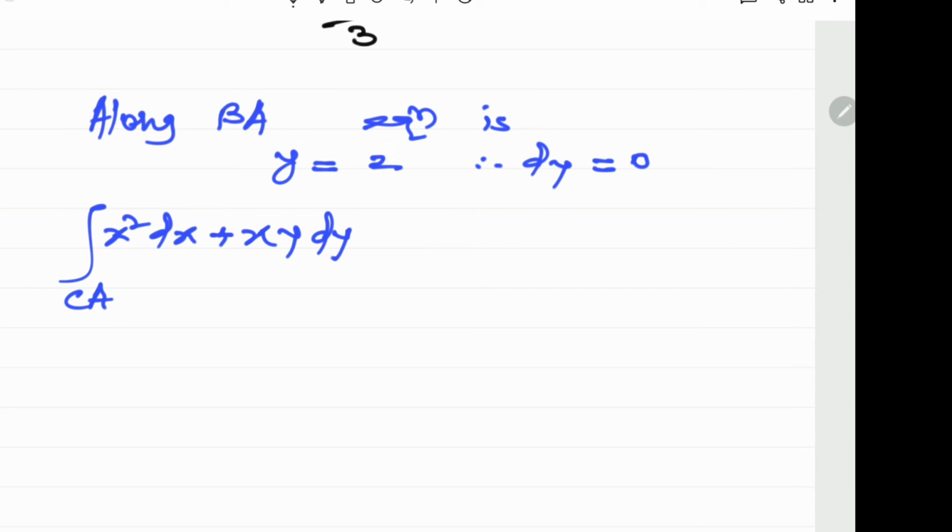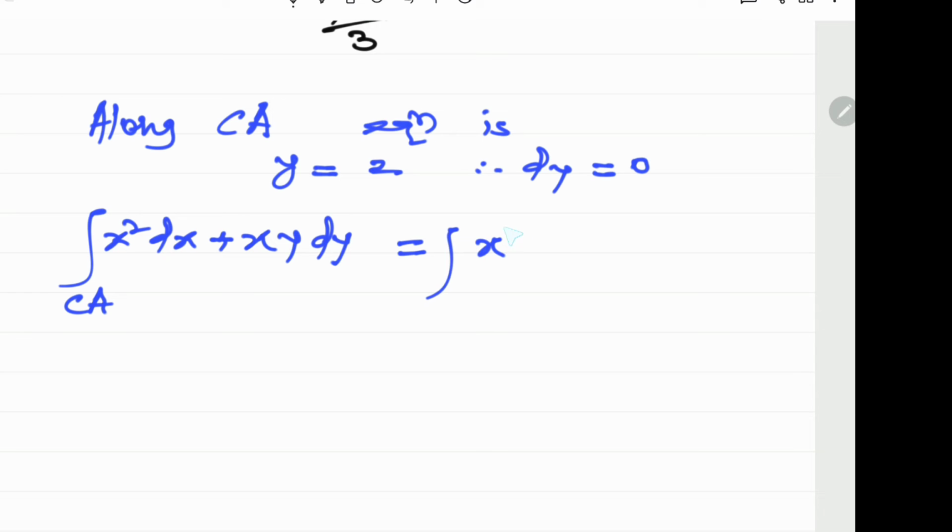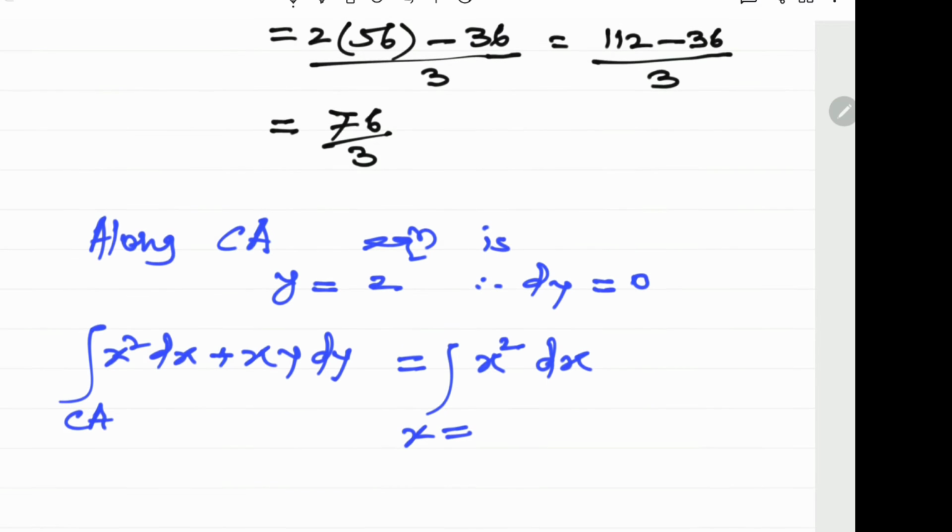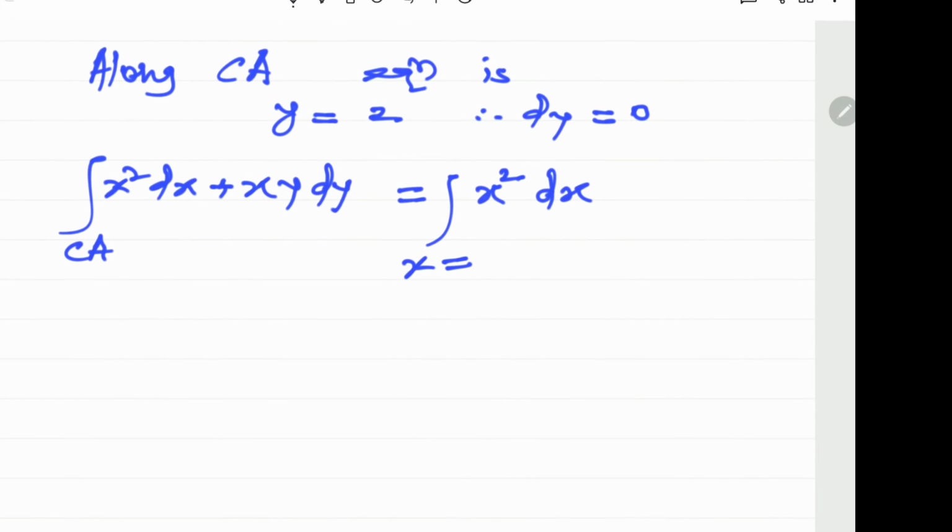And therefore it equals x square into dx, and dy is 0, so the second term becomes 0, and limits from 4 to 0, as at point C it is 4, and at A it is 0.